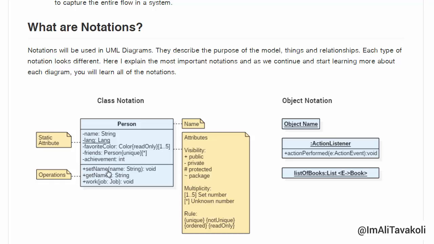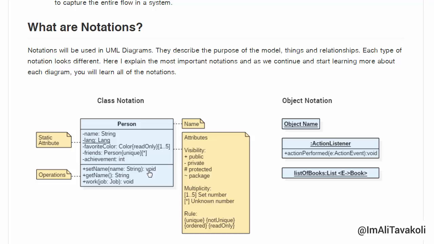Operations are explained like this. For example, here we have a setName operation which is public. It has one argument, name, whose type is a string, and this function or method doesn't return anything.